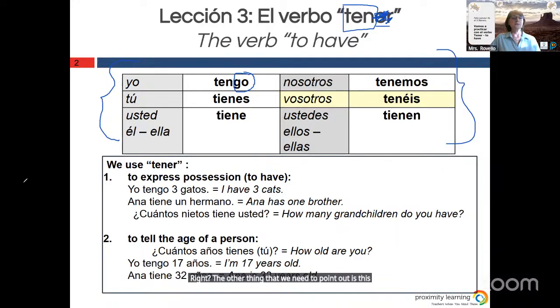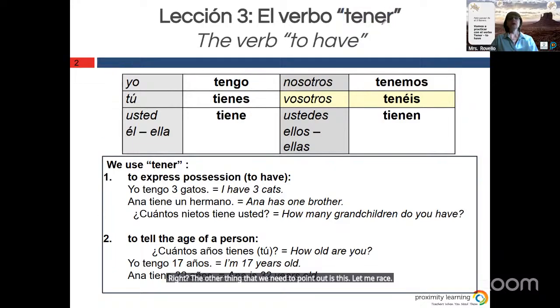The other thing that we need to point out is this. Let me erase. This is an ER verb. That's what we call an ER verb, right? And what we're going to see on our ER verbs are these endings. So yo is going to get an O. Tú is going to get an ES.